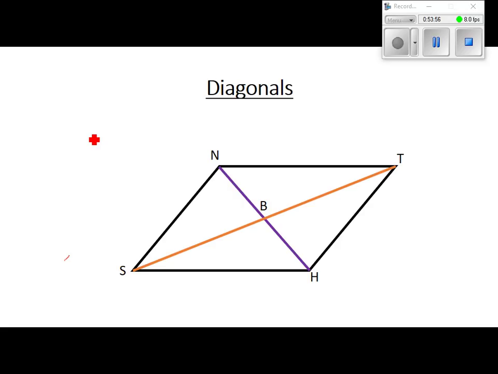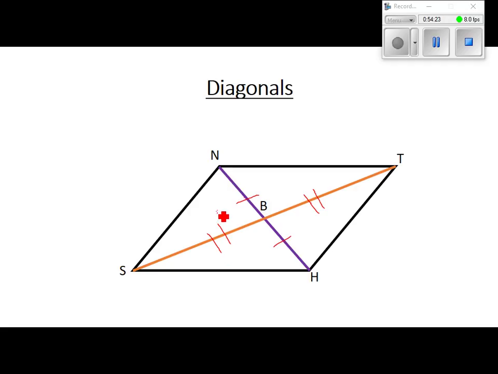Point B is the midpoint of that purple segment, and it's the midpoint of that segment. So what do I know about these two segments? They're congruent. What about these two? They're congruent. Does that mean all of them are congruent? No, in a parallelogram, see how it's tilted, one of the diagonals is always going to be longer than the other one. So those two are congruent.